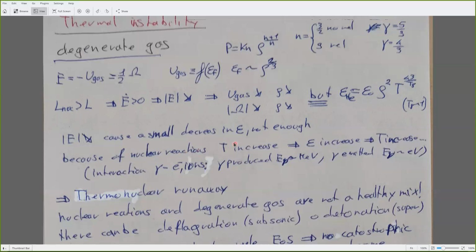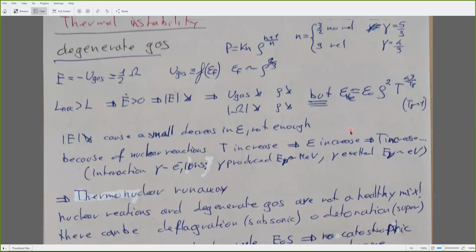The nuclear reaction temperature increases, so we have an increase of the production, as I said, since the nuclear reaction increases as the energy they produce, this will cause an increase of the temperature and so on.